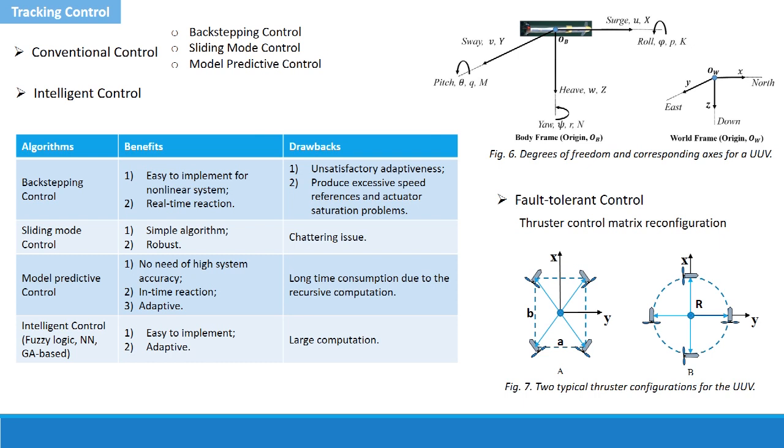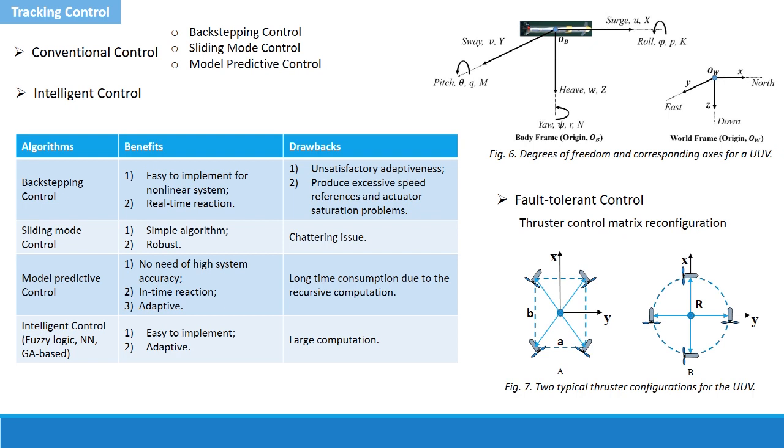So this gives us the opportunity of realizing fault-tolerant control for the UUV based on a method called thruster control matrix reconfiguration, which is accomplished by having more thrusters than degrees of freedom.